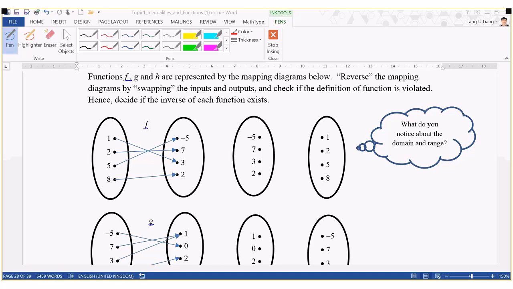Alright, and then in the second box here, can you draw arrows to represent F inverse? Just use your mouse and try and draw the arrows for F inverse.